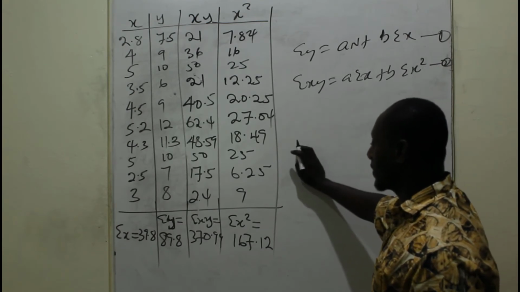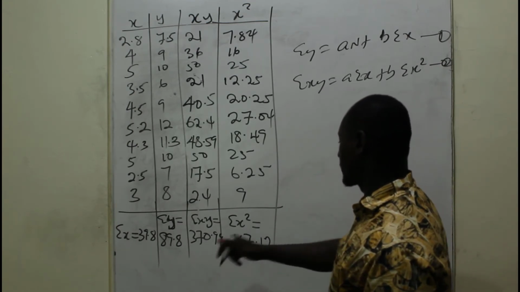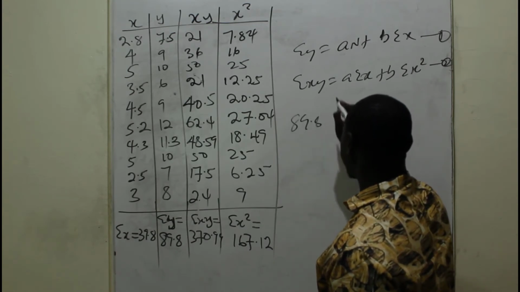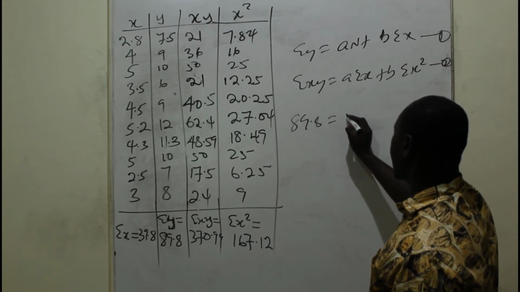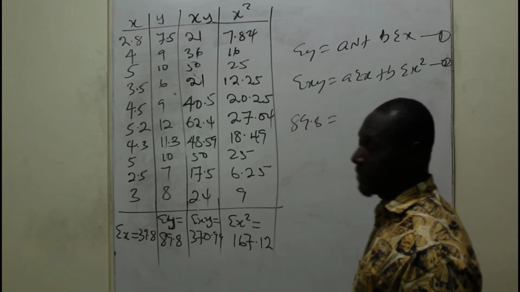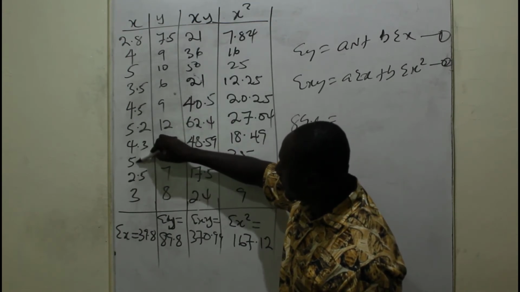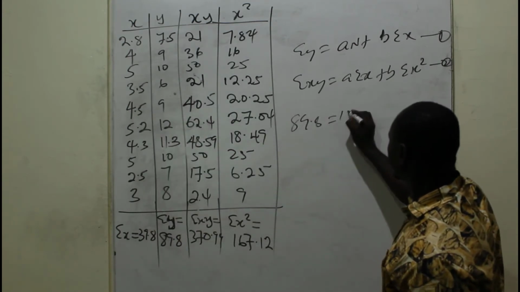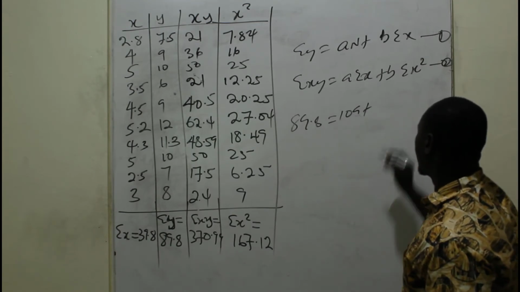For equation 1, summation of y is giving us 89.8 and is equal to na. A, I don't know, but n is the number of observations. So how many observations are involved? 1, 2, 3, 4, 5, 6, 7, 8, 9, 10. So that gives you 10A plus B, I don't know.